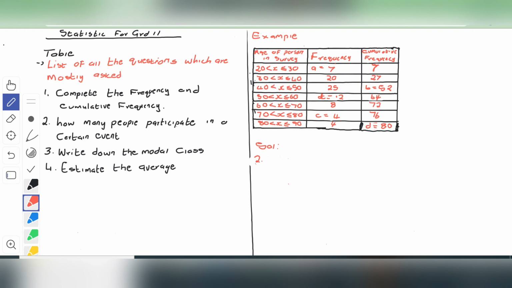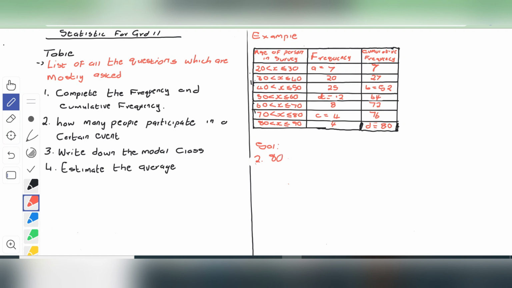Remember I said cumulative frequency represents the total number of people who participate in that survey. And we can see that our last number is 80. So the people who participate in this event is 80, right? Then you are done.